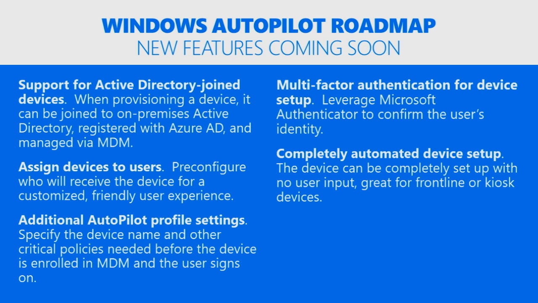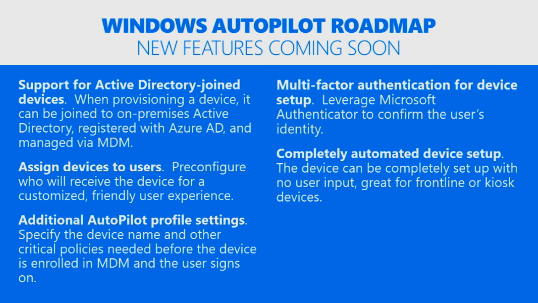We'll continue to add more profile settings so that you can configure more things to simplify that initial setup. Things that might be doable via policies, but if they're not done early enough in the process, they might not be effective. A good example is there's a policy to disable the consumerization experience that causes apps to be installed when the user first signs into the machine.